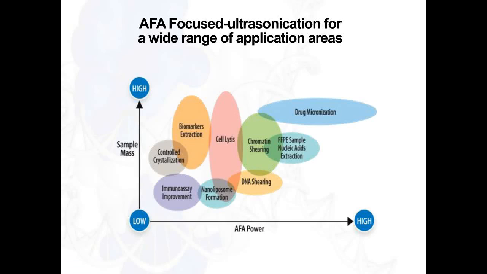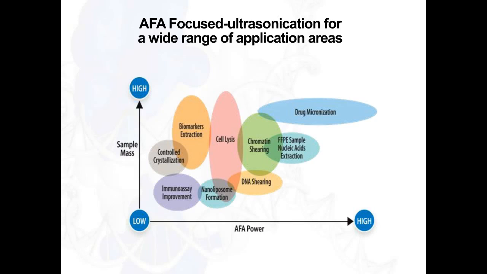Covaris AFA can be used in a wide range of applications. This graph will show you some of them. As we can control the cavitation and so the shear force, we can go from very low power for immunoassay improvement, improving ELISA binding, and then increasing the power and the shear force, we can do DNA shearing.